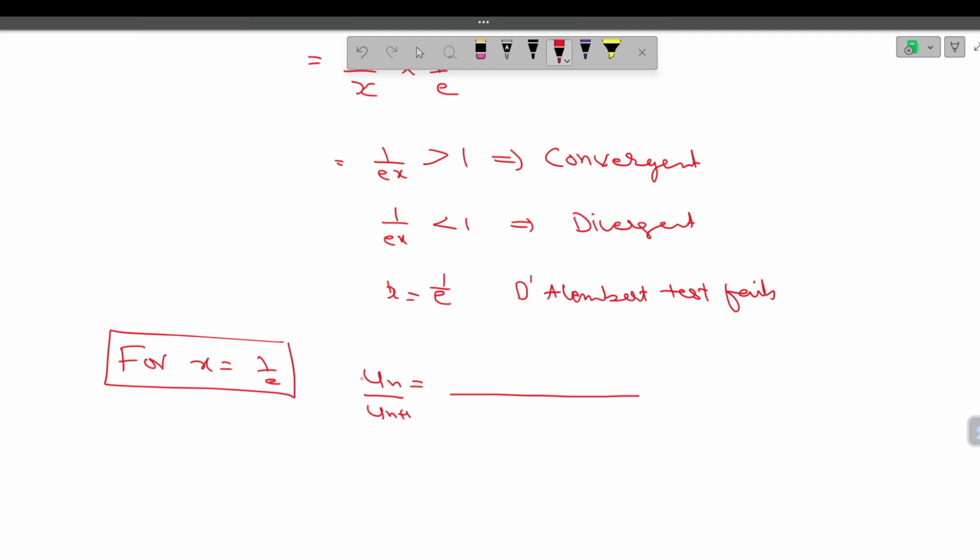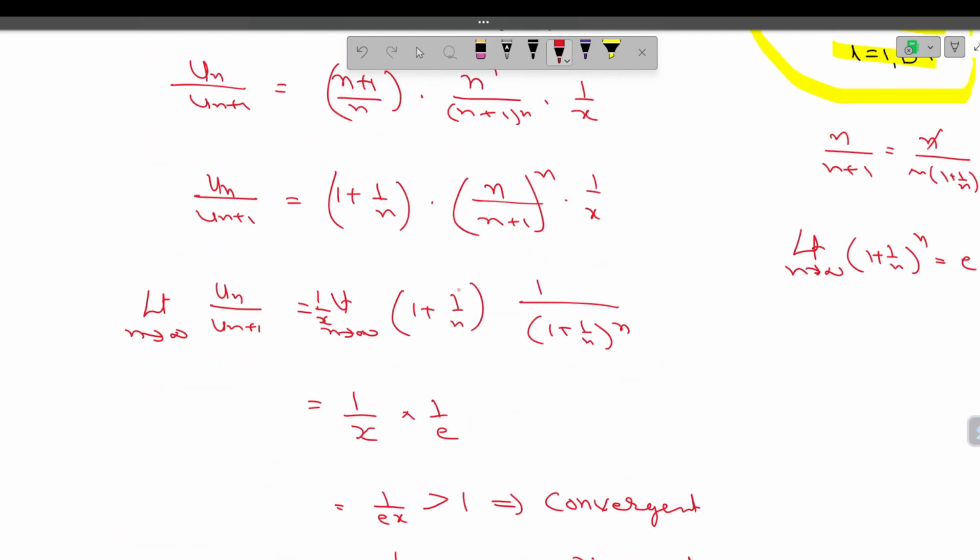You see, from here, x equal to 1 by e means e will come in the numerator. This part is in the numerator, this is in the denominator. They will take this, un by un plus 1. After simplifying, we get 1 plus 1 by n, this is 1 by 1 plus 1 by n whole to the power of n.